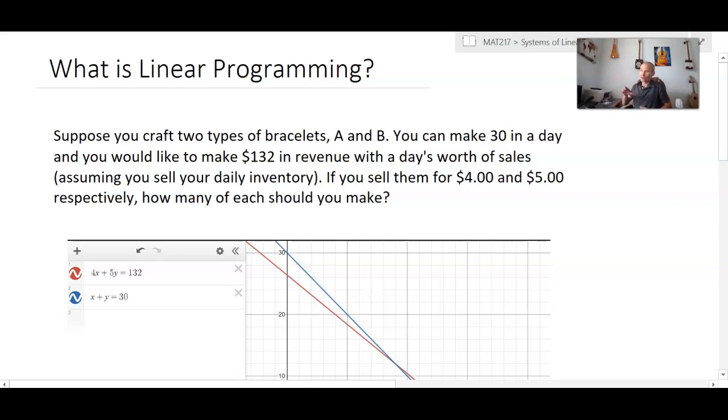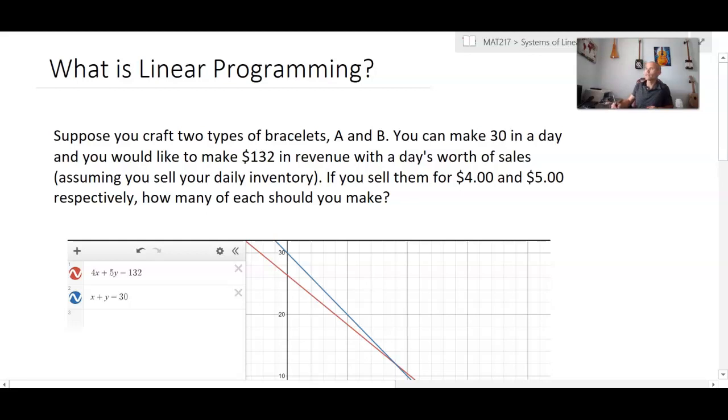Now, I like to start with systems of linear equations and then pivot off of that to develop how a linear programming problem is different. So let's say in a systems of linear equations problem, we're crafting two types of bracelets, bracelet A and bracelet B. Maybe we're selling these online.